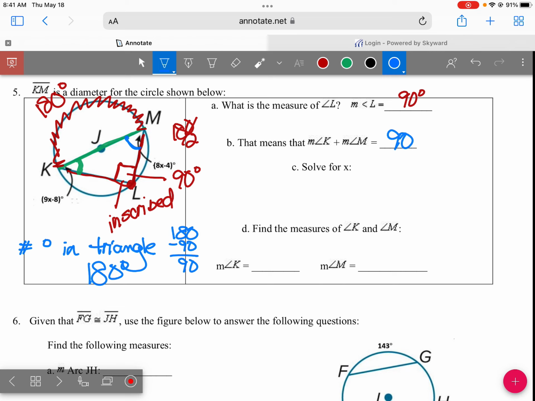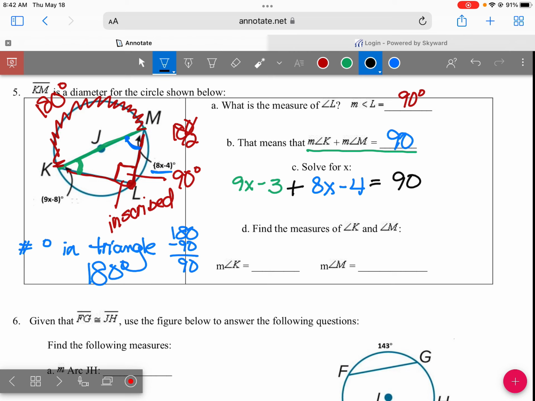So then it says solve for x. Right here is what it's telling you to do. Take the measure of angle K, which is 9x minus 8, plus the measure of angle M right here, 8x minus 4, equals 90.